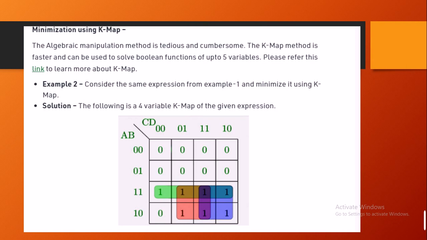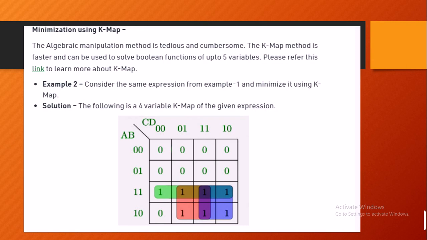What we do in a K map is that whenever you find 4 ones together, as you can see in different colors, there is a whole row of ones in 11, and in 0, 1 and 1, 1 and 1, 0, we have again all 4. So we break it this way. If you see the right hand side AB, this is 0, 1.